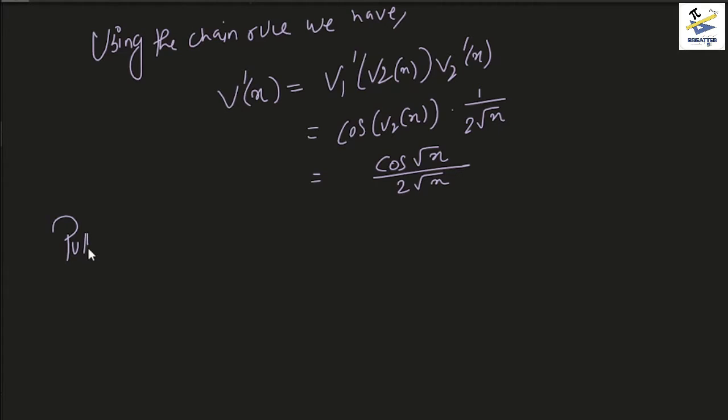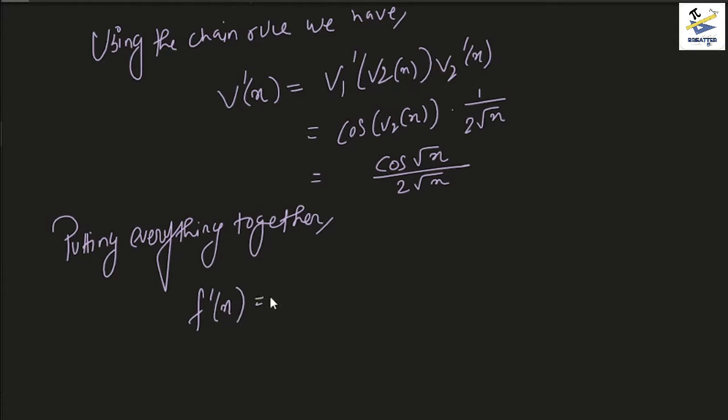So putting everything together, our actual answer to f'(x) would be: u'(x) was 1 by 2 root x, and v(x) was sine of root x, plus u(x) was just root x, and v'(x) is cos of root x by 2 root x.